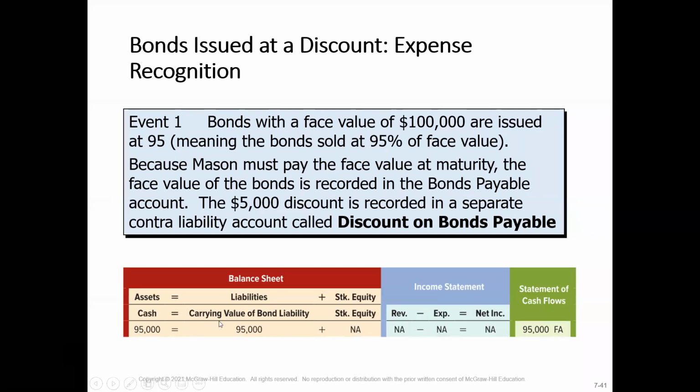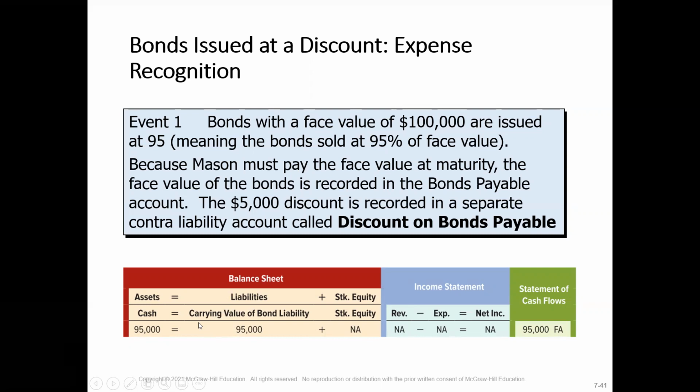And now our bond liability comes into carrying value of bond liability, because we're going to have a discrepancy between interest paid and interest expense. And what we'll do is we'll actually end up increasing the carrying value of the bond liability as we make interest payments. So there is an account, it's a contra liability account.